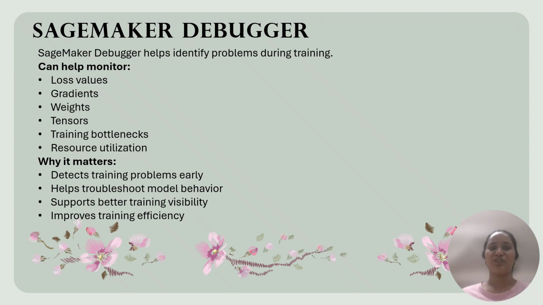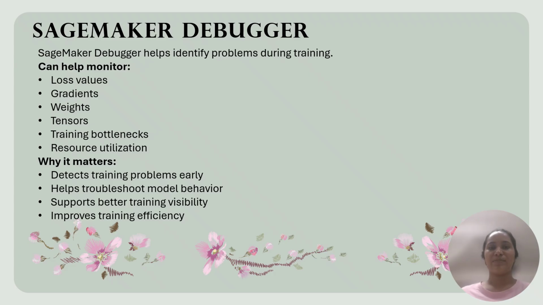Since the loss function measures prediction error, tracking loss helps determine whether the model is learning effectively or if training has stalled. In addition, the tool tracks weights and tensors, providing insights into how the model's internal parameters change throughout the training process. This allows developers to better understand what is happening inside the model.